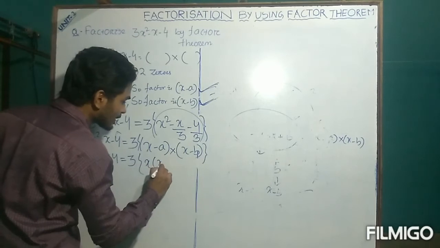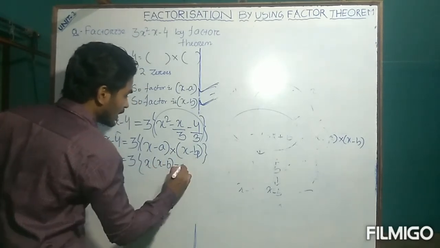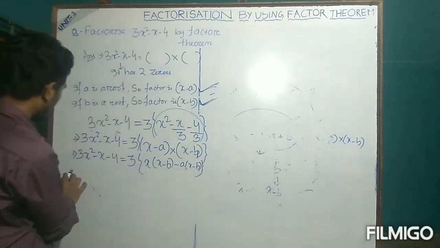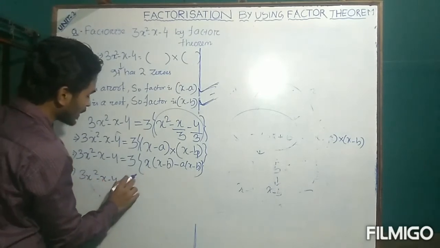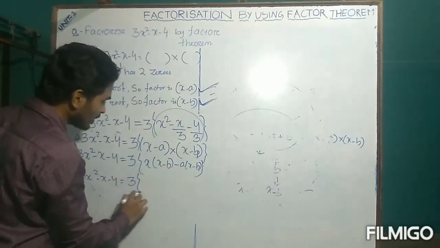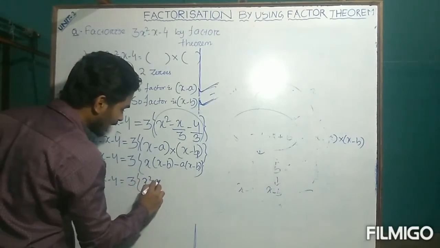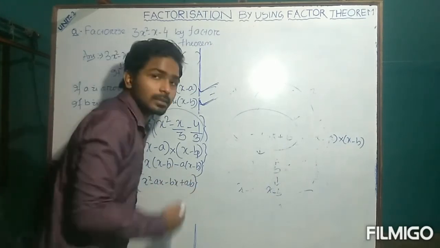It will be x into x minus b, minus a into x minus b. Okay. Now 3x square minus x minus 4 is equal to 3 taken as common. Similarly, inside the bracket it will be x square minus ax minus bx plus ab. After multiplication, you can find this result.